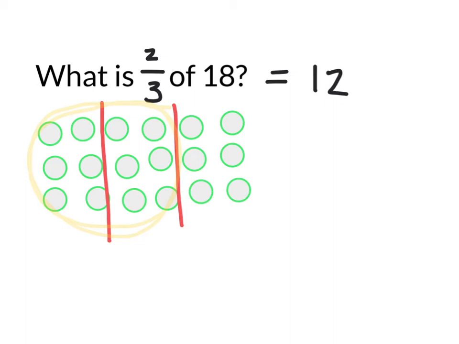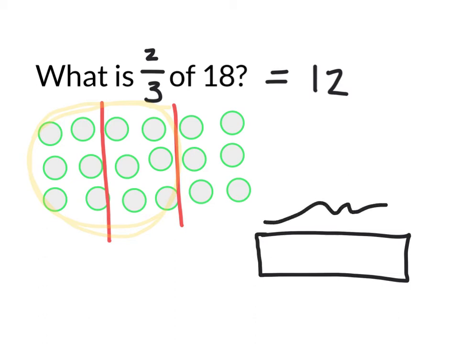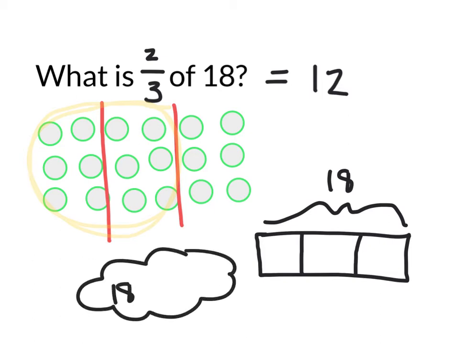What if I also tried to do this using the bar model? So I have my bar and my set, my whole set right now is 18. And I am trying to figure out 2/3. So what would 1/3 of 18 be? I can be thinking inside my head that I need to divide 18 into 3. 18 divided by 3 is 6, just like last time.